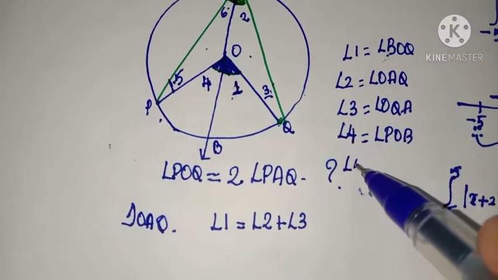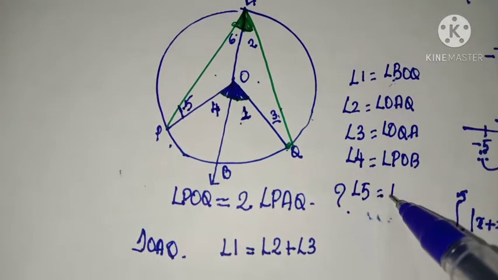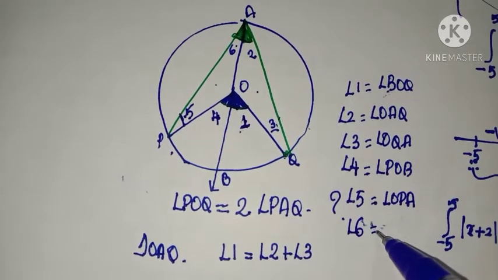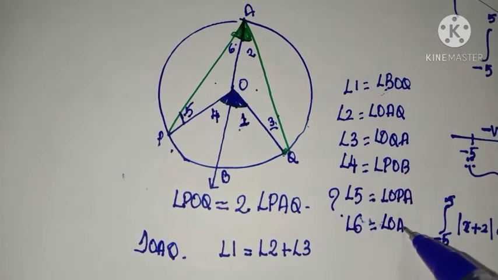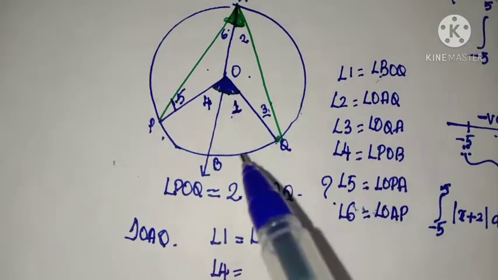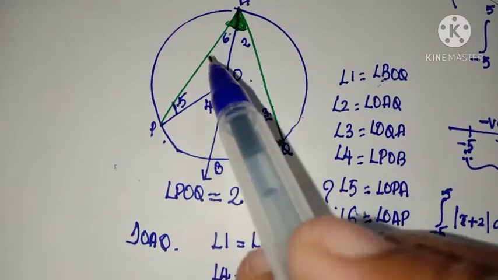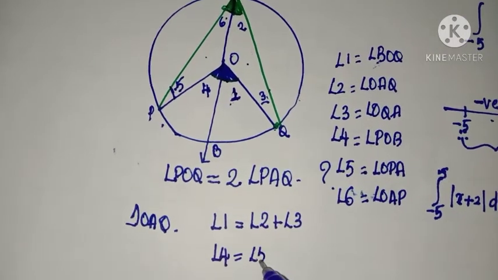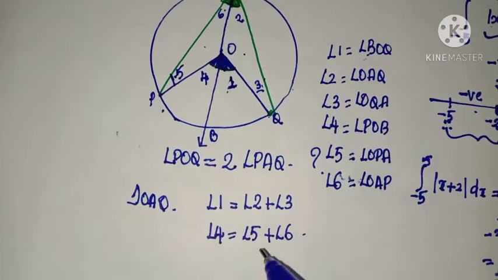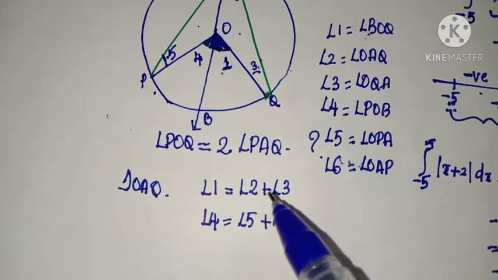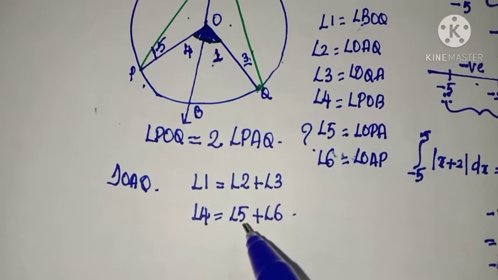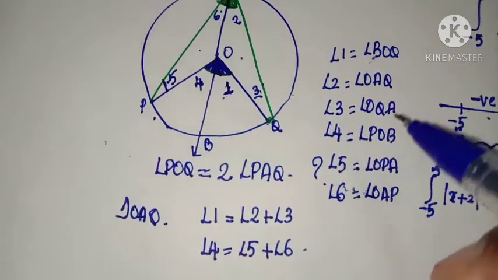That means angle 5 is angle OPA and angle 6 is angle OAP. So angle 4 is the sum of these two angles, angle 5 plus angle 6. Is that clear? So angle 1 is equal to angle 2 plus angle 3, and angle 4 is equal to angle 5 plus angle 6.